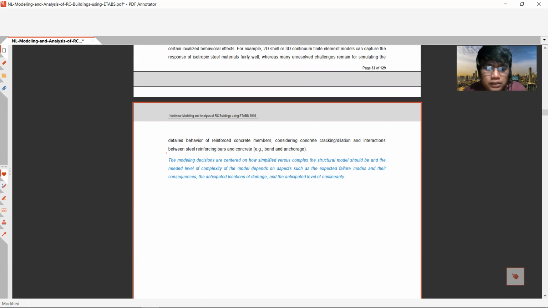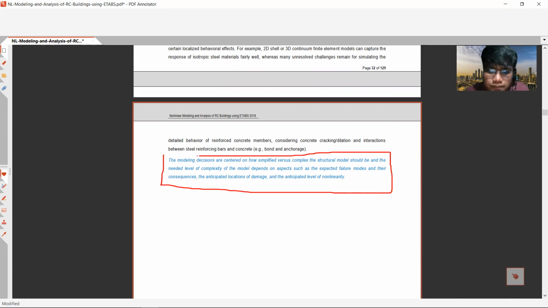Okay, so this one kailangan natin itong i-consider. Okay, so yung modeling decision natin is centered on how simplified versus how complex yung kailangan natin sa model natin. And also, ano ba yung kailangan nating response na to solve for that failure modes or that problem.